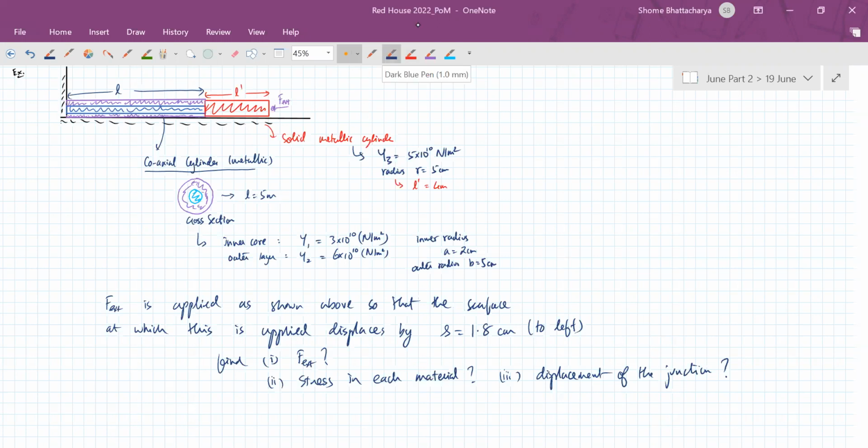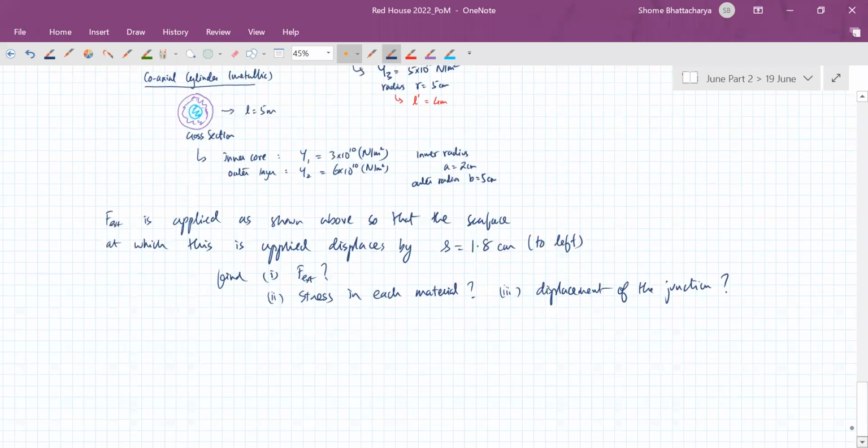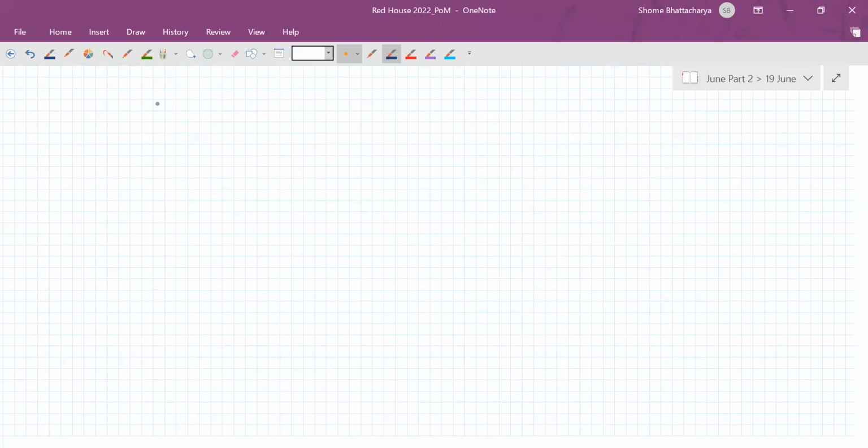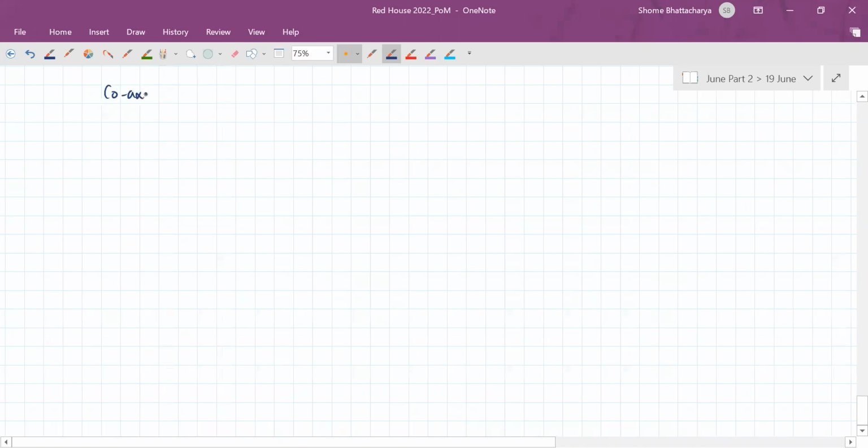Okay, so let's understand what we'll do here. So the coaxial cylinder, let's say the core part is having spring constant K1. And the outer layer will have spring constant K2.